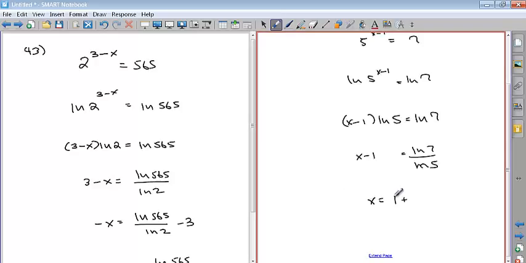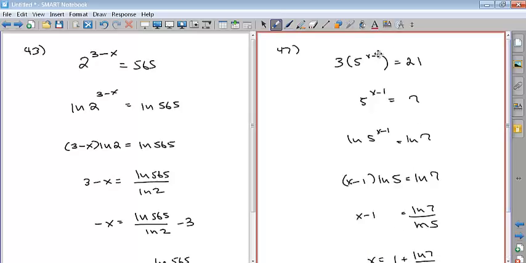So x is 1 plus the natural log of 7 divided by the natural log of 5. Plug it in the calculator, and I get 2.209. If I go back and plug it in, 3 times 5 raised to the 2.20906 minus 1, I should get 21, which I do.